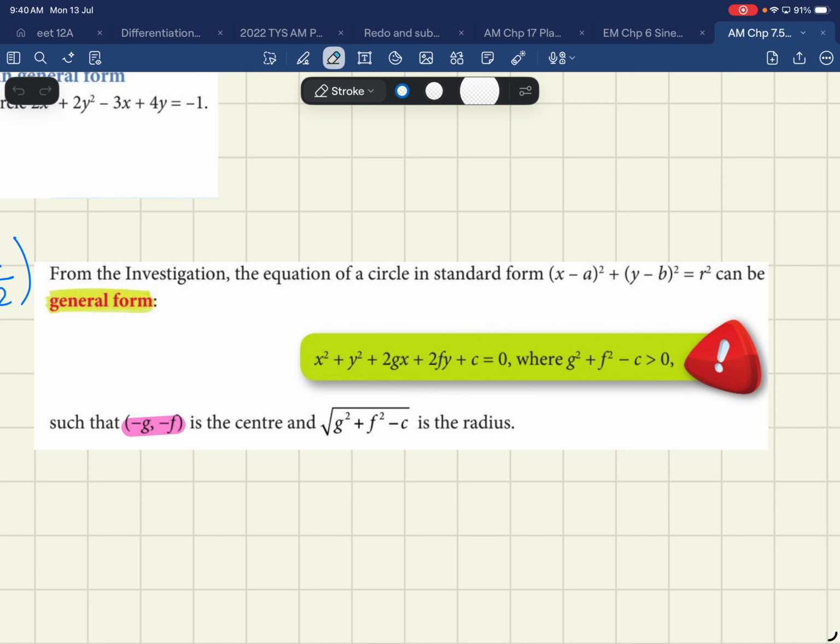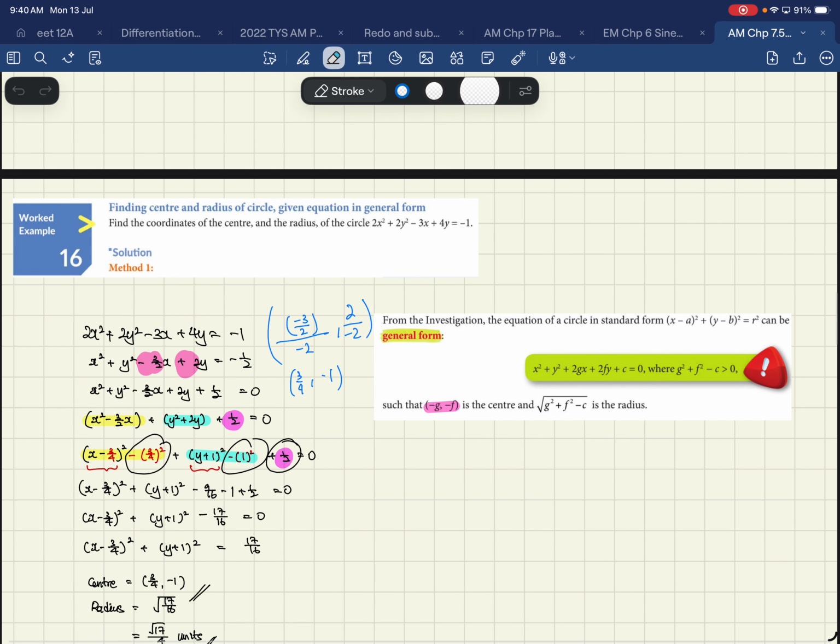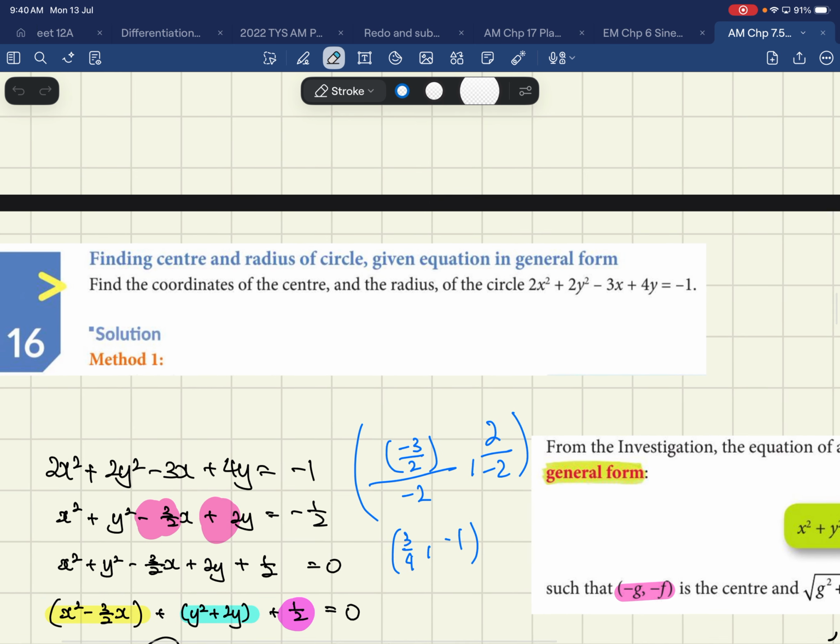The a squared minus 2ab plus b squared. Use that to expand, we will get to this format. Okay? So let's quickly do some practice. And we try to make use of the general form to find the same two things, right? To find the center and also the radius, right?